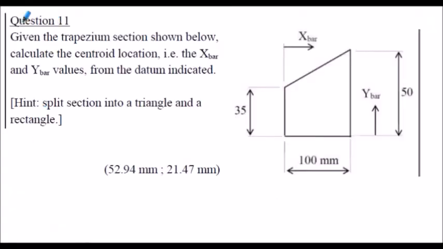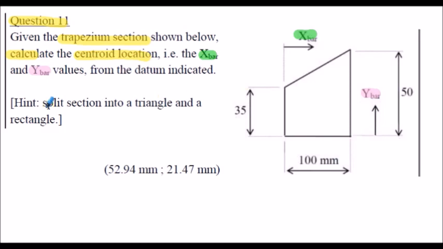And the final question, question 11. We're given a trapezium section that's shown in a sketch on the right hand side here. And we're asked to calculate the centroid location. So that's to calculate the x bar, shown here from the left hand edge of the section, and also the y bar value, shown here from the base of the section.